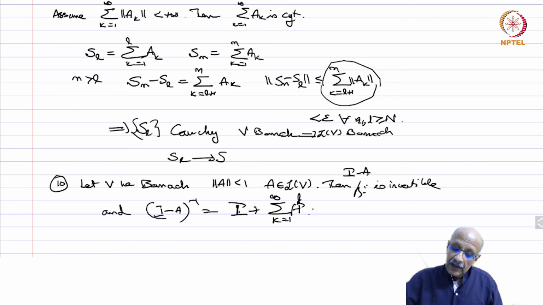This is like: if mod x is less than 1, then 1 by 1 minus x equals 1 plus x plus x squared and so on. So this is the infinite dimensional operator version of that.